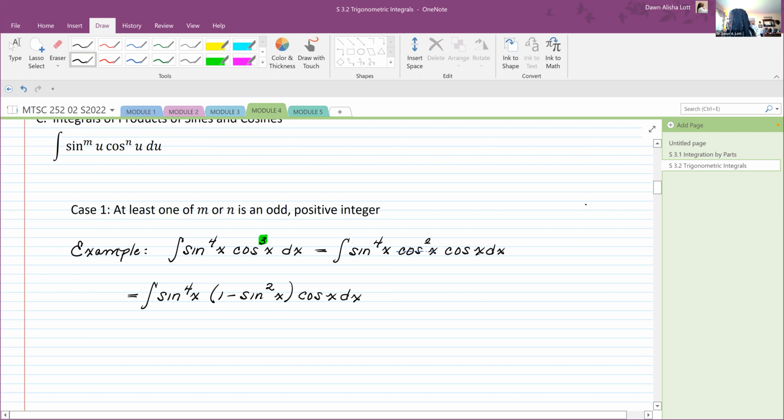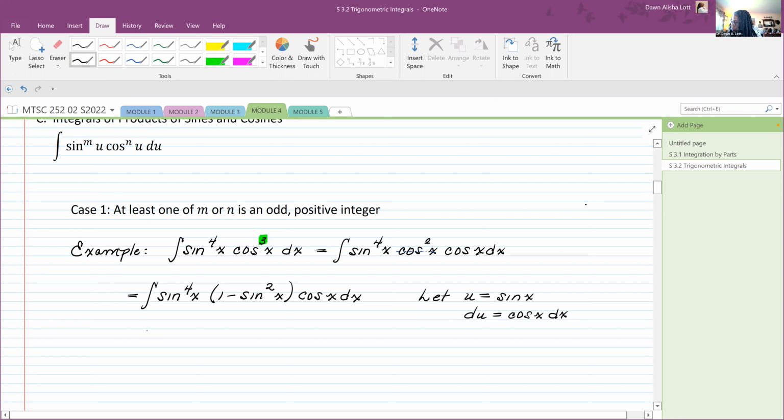And so now the cosine of x dx is the only cosine in the problem. That's what I want, because I pulled it off and threw away all the other cosines by changing them to sines. So now I can let u equal the sine of x, du is cosine x dx. Well, how perfect is that?